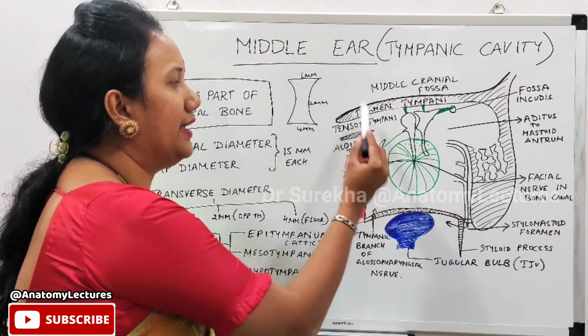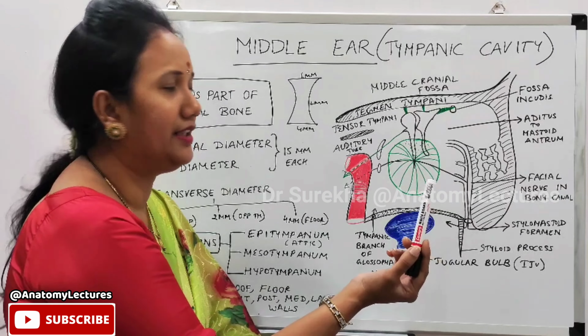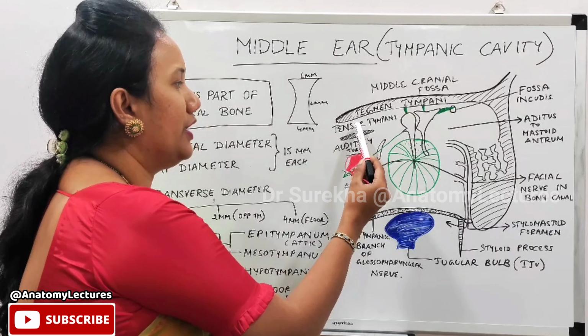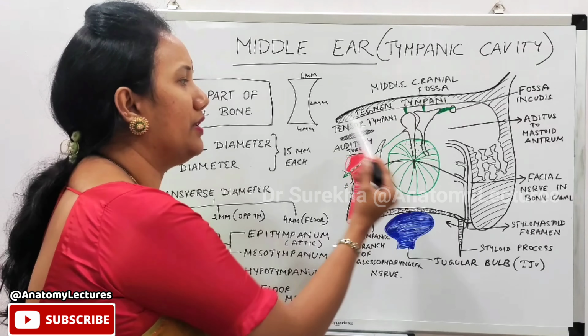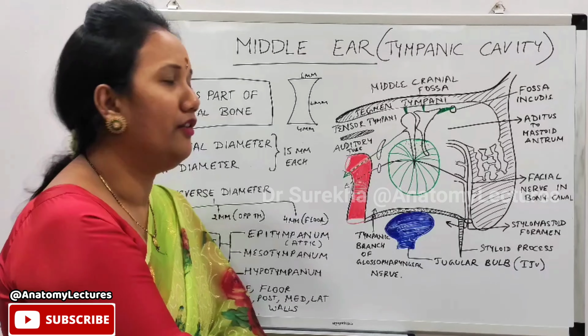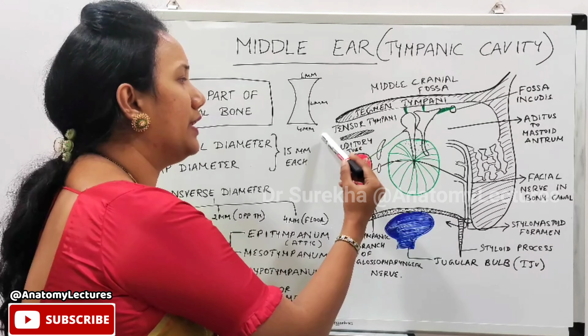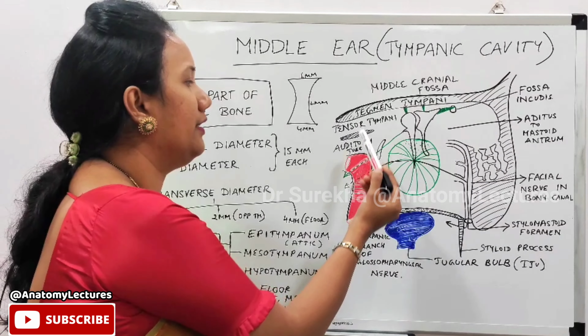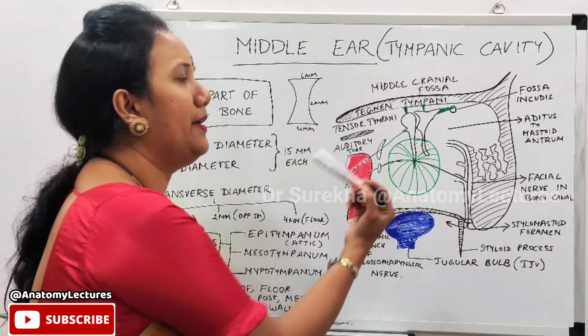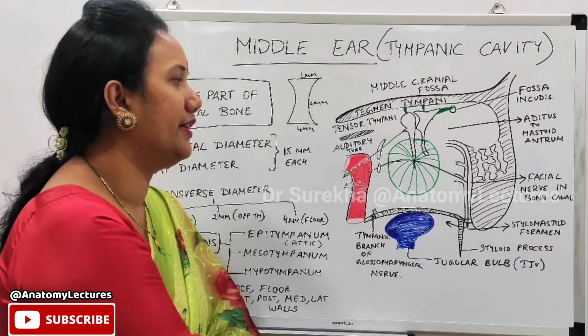And if you have a look at the upper part of the anterior wall, it is showing two bony canals which are separated by a thin plate of bone. The upper bony canal is for the passage of the tensor tympani muscle, and the lower bony canal is for the passage of the auditory tube.